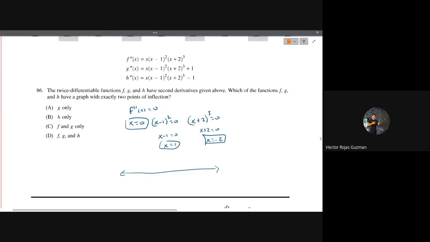Okay, we have 3 critical points. But then we have to go test them. And we're going to use the best way to test it.